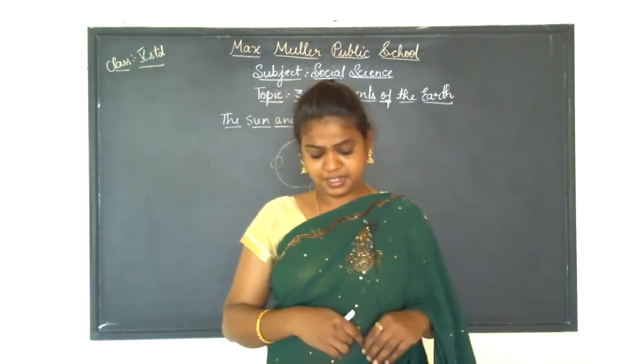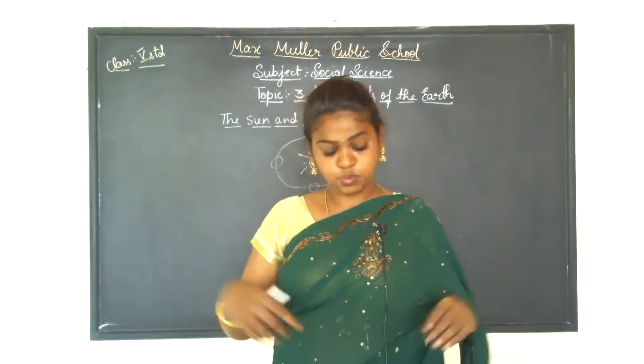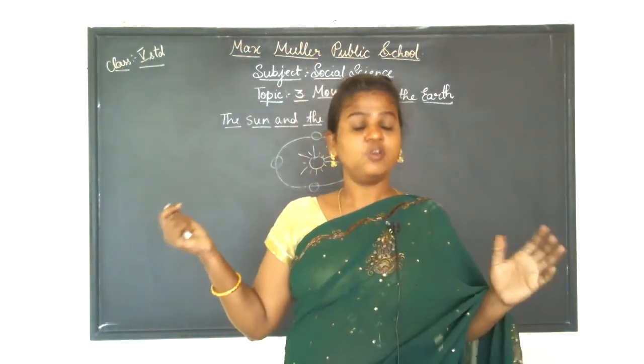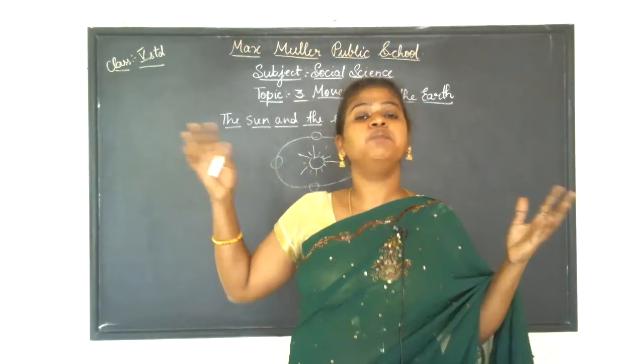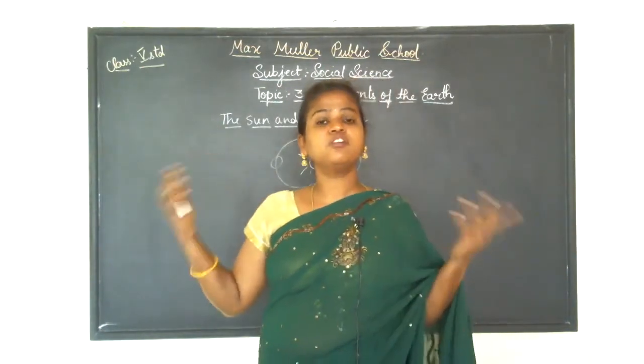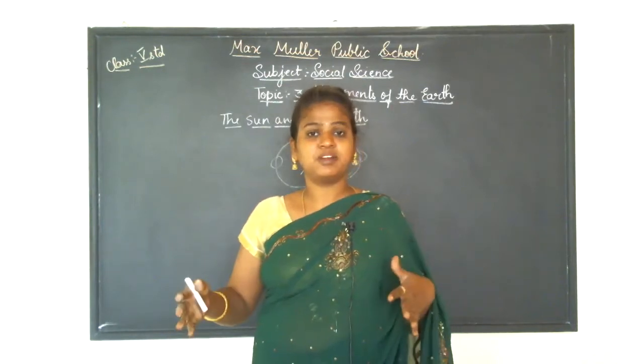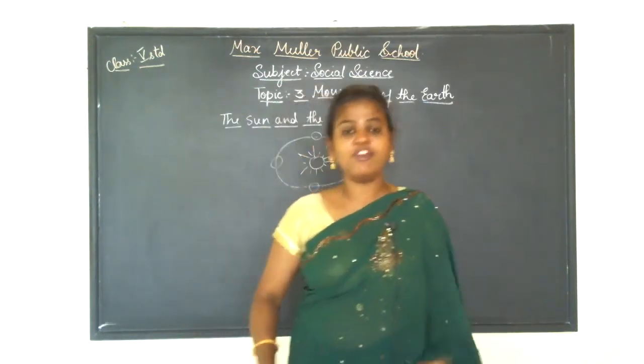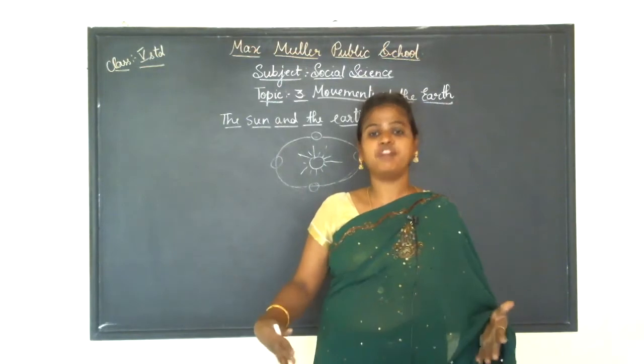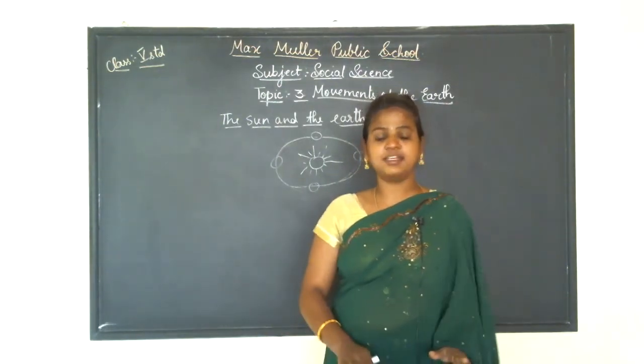the sun. But since our planet is very large, you all know that earth is a very big planet, because of the big planet, we cannot feel the earth's movement. See now, if we are standing, we are stationary, we are not moving from the place. We are just in the same place.